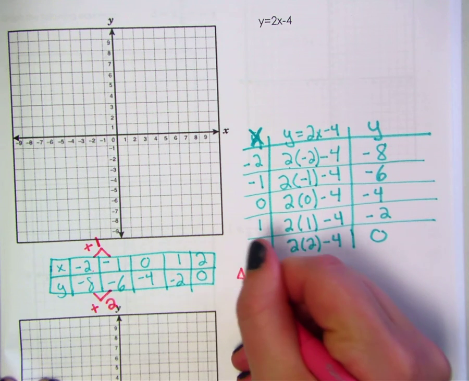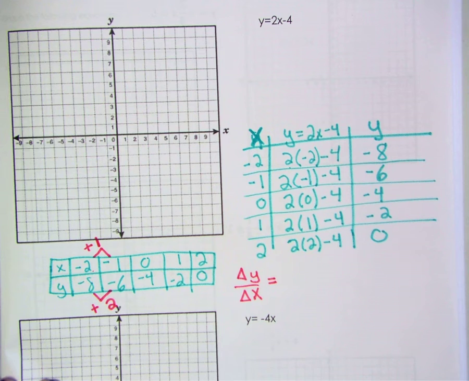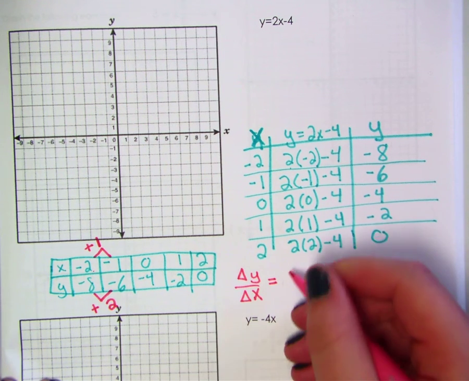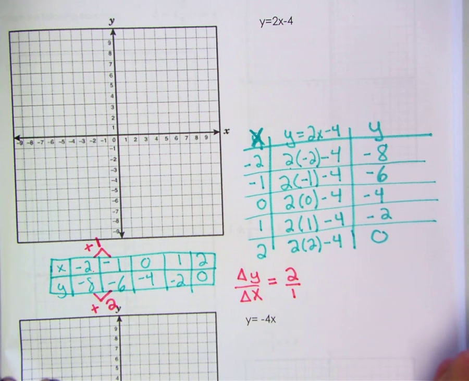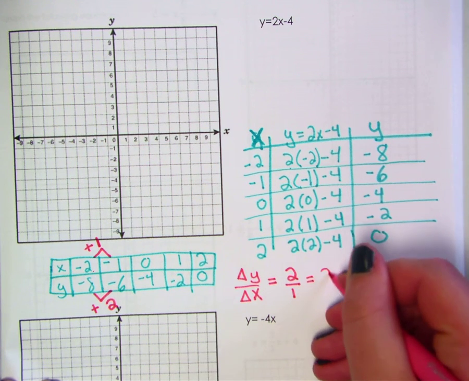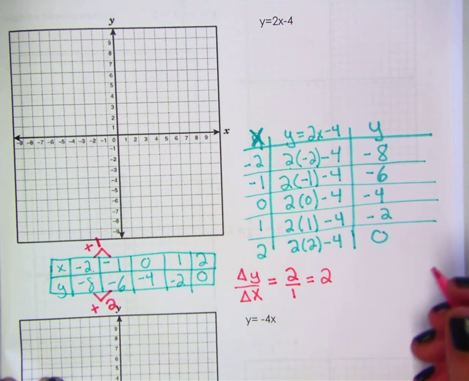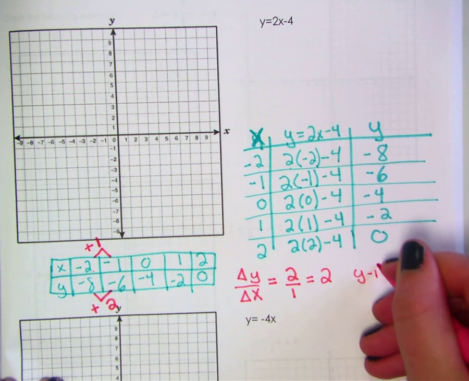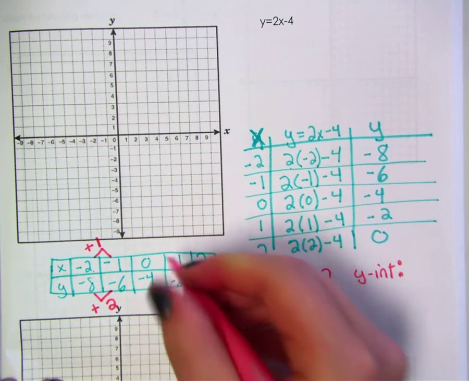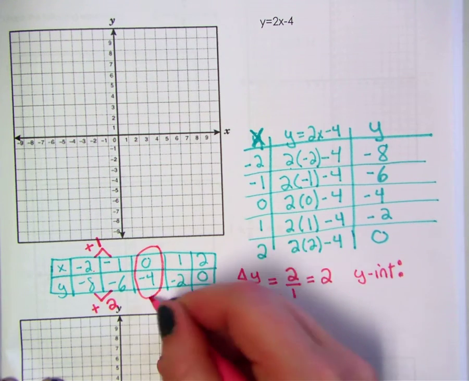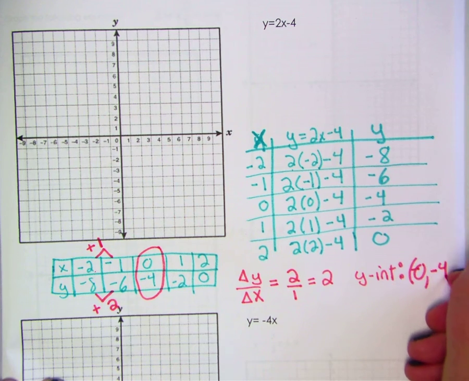So now when I do my change in y over change in x, I end up getting 2 over 1, which you can simplify down if you want to just 2. When I do my y-intercept, I'm looking for when x is 0. So when x is 0, my y-intercept is -4. So that's going to be the point 0, -4.